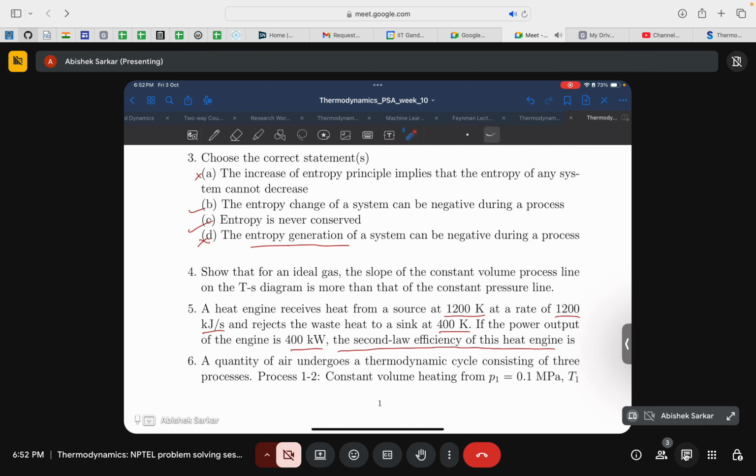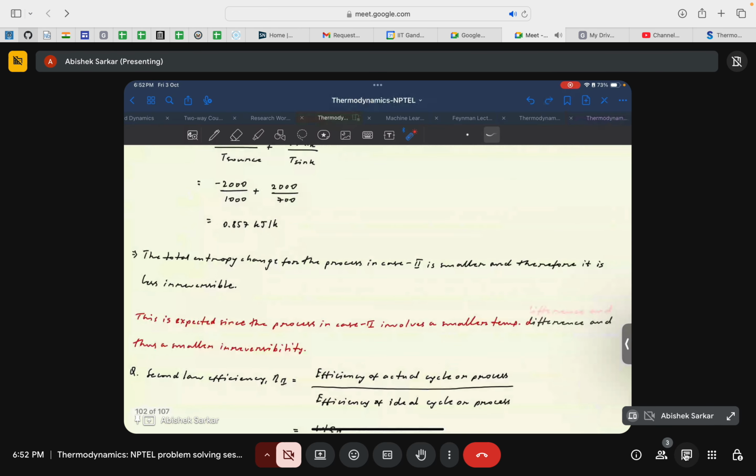A heat engine receives heat from a heat source at T_H equal to 1200 Kelvin at the rate of 1200 kilojoule per second and rejects waste heat to a sink at 400 Kelvin. So the sink temperature is also given, and the network output is 400 kilowatt. You have to find the second law efficiency of the heat engine. I would like to take this answer, and maybe you can take the next question.